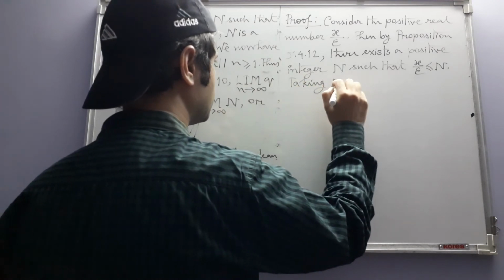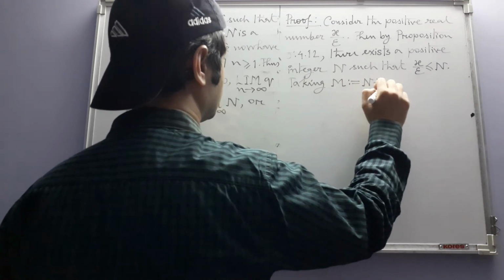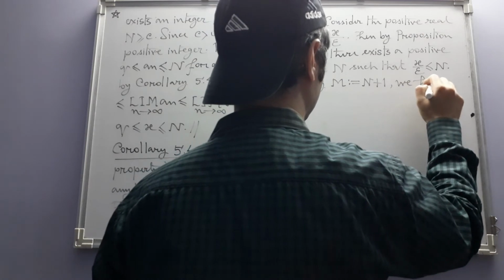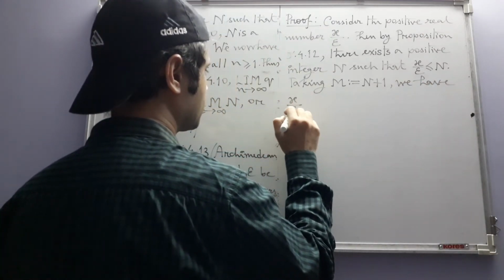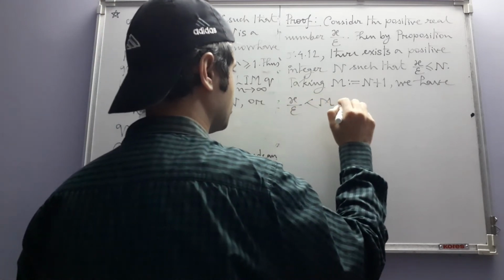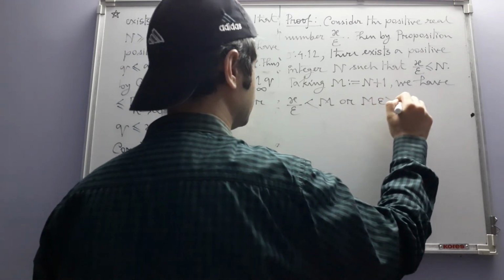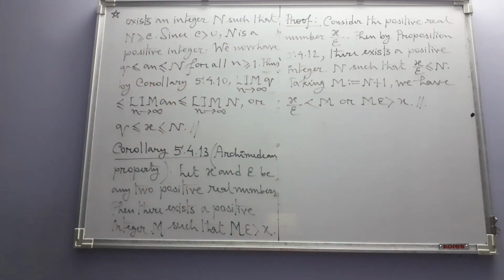Taking m to be equal to n plus 1, we have this is strictly less than m, or m epsilon is strictly greater than x. So this completes the proof.